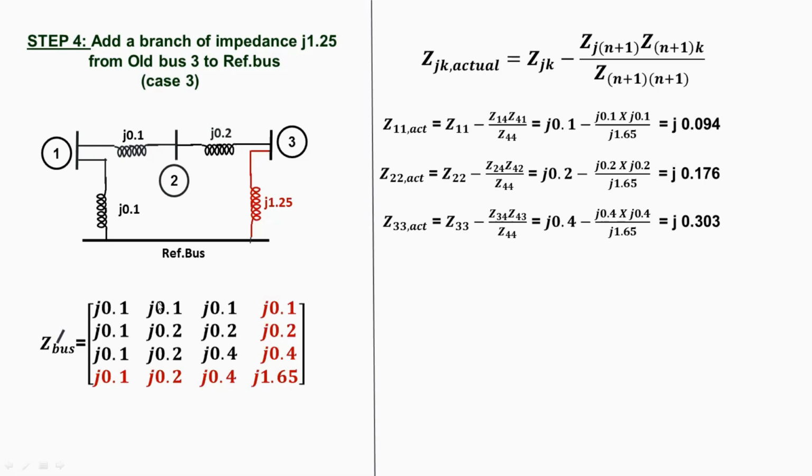Then I am going to calculate the off-diagonal elements. Here the off-diagonal element values are the same. Z12 actual is equal to Z21 actual, that is a symmetric matrix.